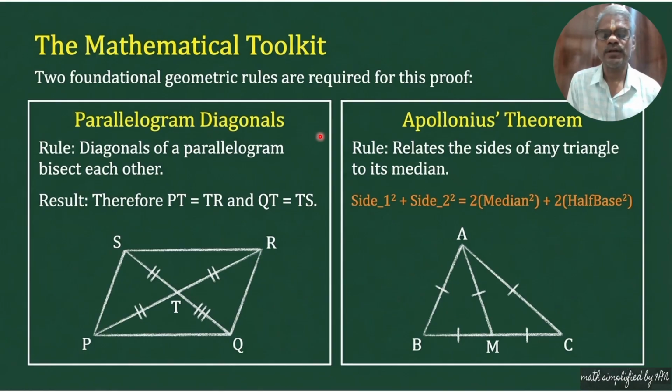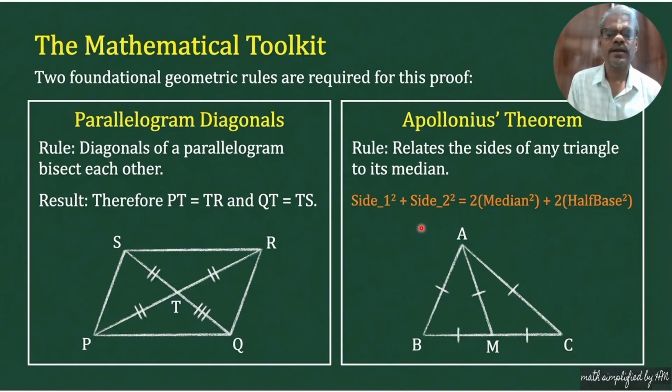Parallelogram diagonals. Rule: diagonals of a parallelogram bisect each other. The result is that PT is equal to TR and QT is equal to TS. Apollonius Theorem. Rule relates the sides of any triangle to its median.